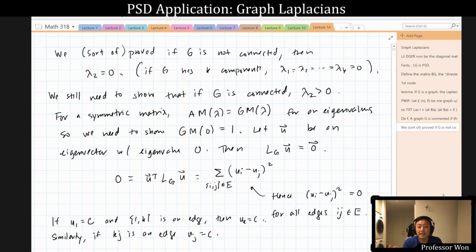But the graph is connected, which means that you can walk from 1 to every single node, which means that in this eigenvector U, all the entries need to be the same. Right, so since G is connected, this implies that my vector U is just the all ones vector.